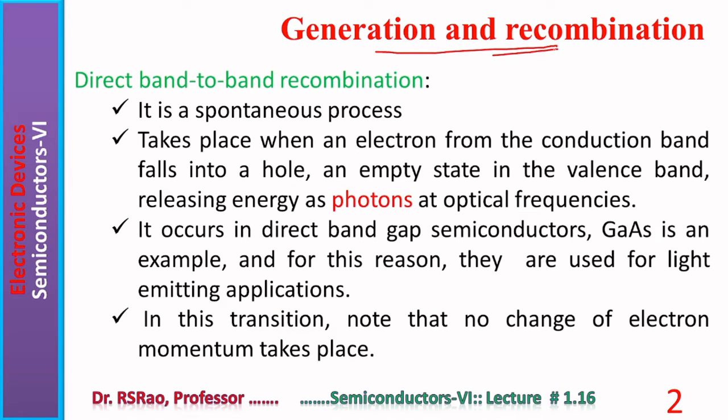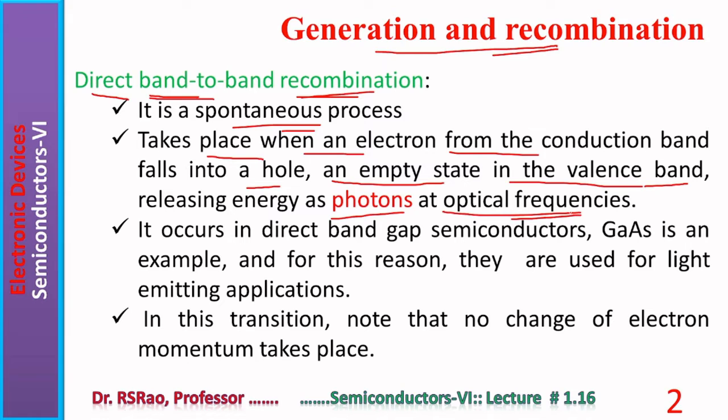Here the focus is on one type of recombination. It is direct band-to-band recombination. A few points regarding this phenomena, band-to-band recombination. It is a spontaneous process. It takes place when an electron from the conduction band falls into a hole, an empty state in the valency band, releasing energy as photons at optical frequencies.